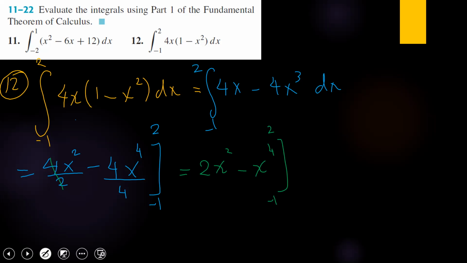After that, now I will evaluate. So I will say it is 2 times 2 squared minus 2 to the power 4. So I evaluate first with f of 2 minus now f of -1. So I don't have space here.